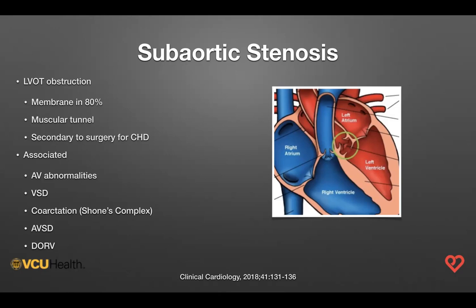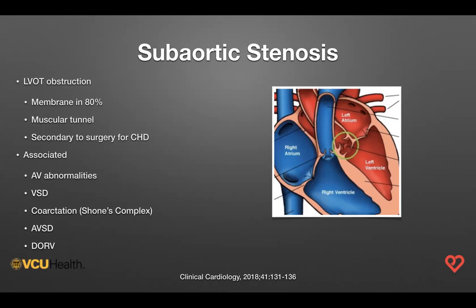Associated anomalies with subaortic stenosis include aortic valve abnormalities, so they can have a bicuspid aortic valve. You can have a VSD, Shone's complex, coarctation. In Shone's complex, you're looking for levels of stenosis in the left ventricle, so you can get a supravalvular mitral stenosis, you can get a parachute mitral valve, you can get the subaortic membrane, a bicuspid valve, and a coarctation.